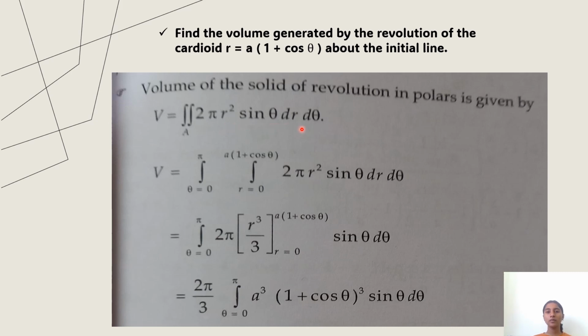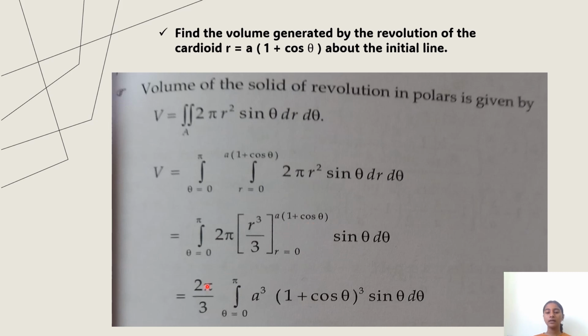So here we have to consider the limits for r and theta. The limits for r are 0 to a into 1 plus cos theta, and for theta from 0 to pi.